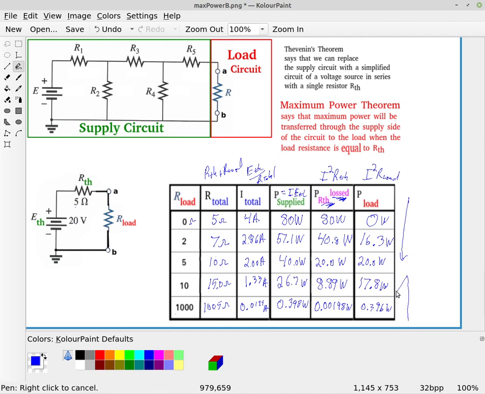So we can see here that the power to the load is going down as our resistance increases, and the power to the load was increasing here. So as we went from 0 up to 5 ohms, power increased.